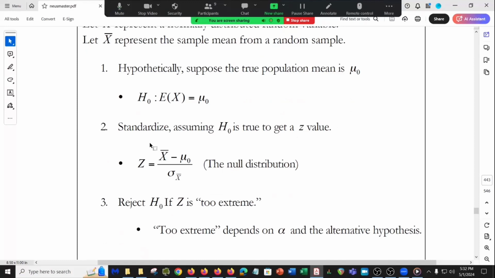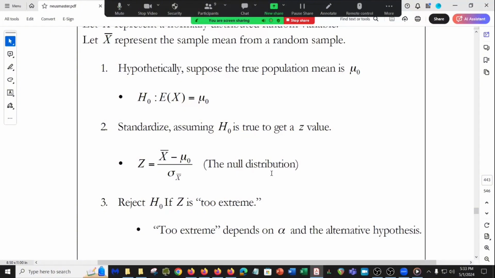But then what do we do? We standardize this sample mean under this assumption of the null hypothesis, and we use the standard error of the mean that comes from the known standard deviation. And this has to be given in the problem.